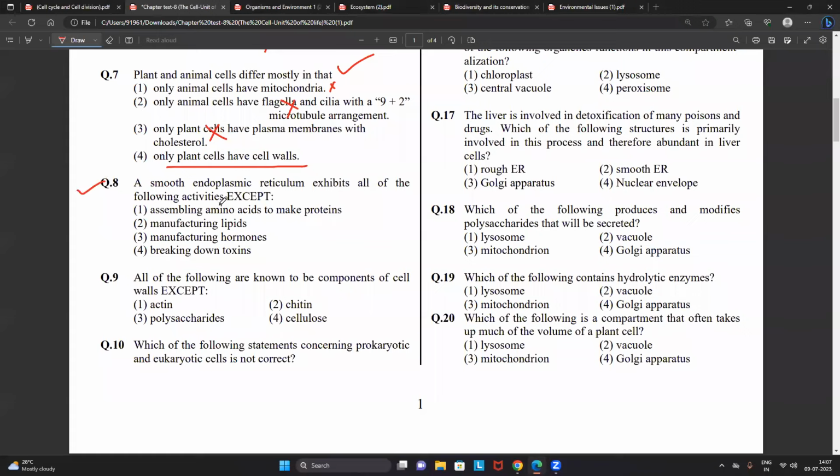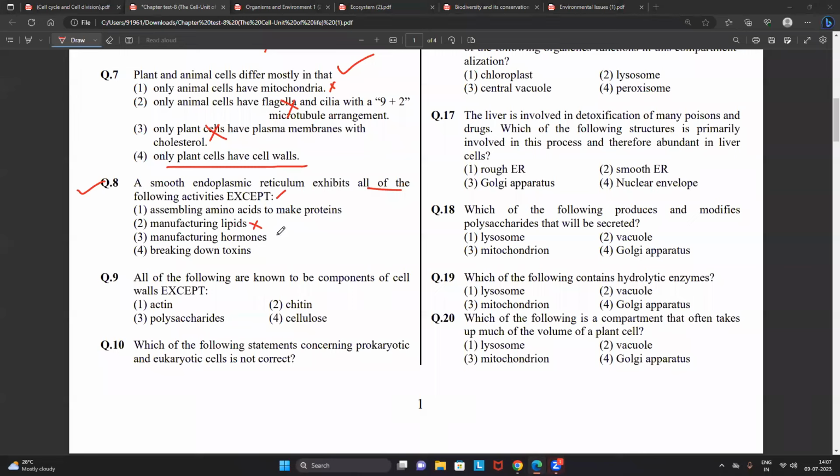Question 8. A smooth endoplasmic reticulum exhibits all of the following activities except. They are asking except. We know that SER is required for manufacturing of lipids. Sometimes, friends, all the students remember my words.